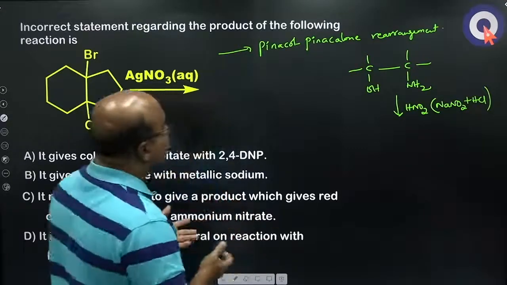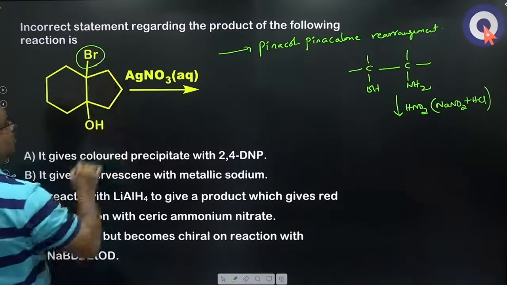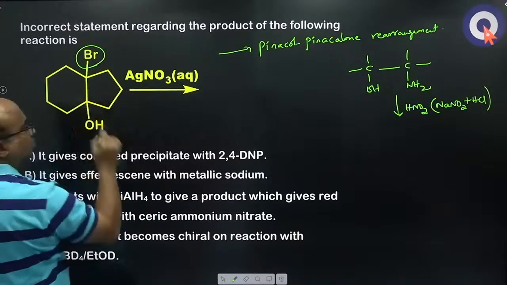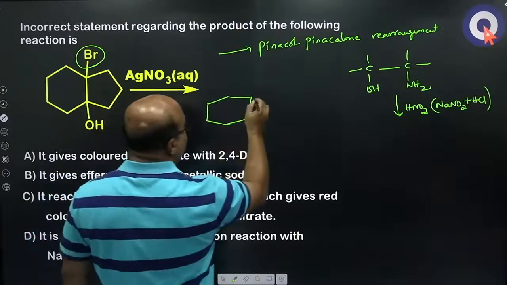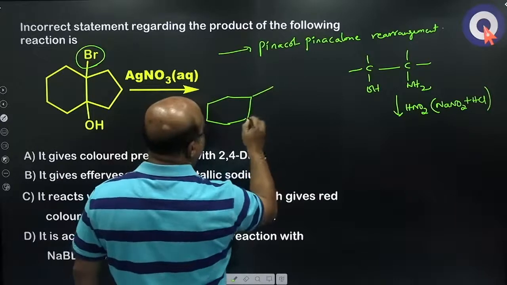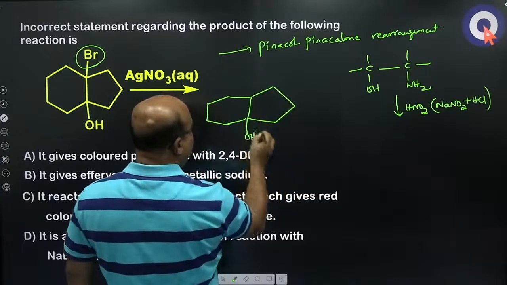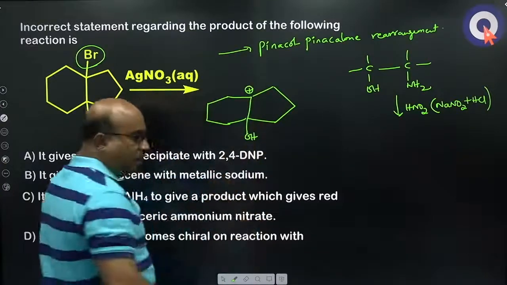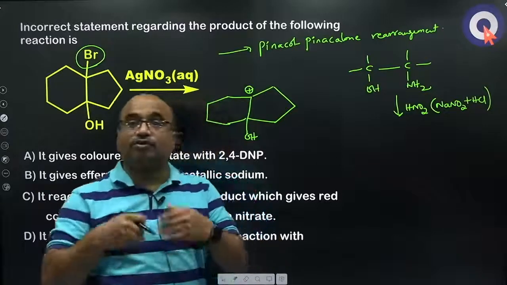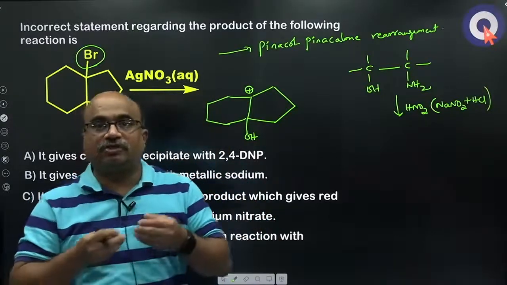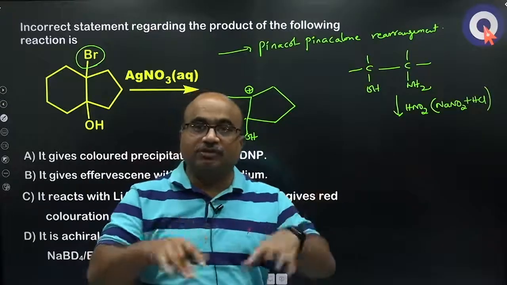So what do you see now? This Br is lost. Silver will take it, so you will get a positive charge at this carbon. So you will see OH and a plus. But in the first pinacolone rearrangement, what is the first criterion you should follow? We always see first where the carbocation will form. When OH groups are there, you just check.